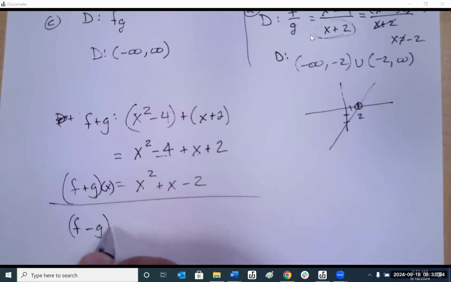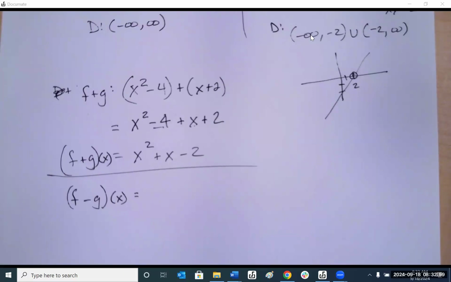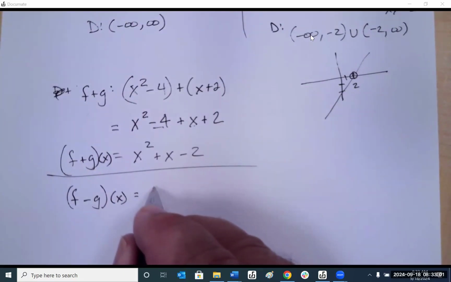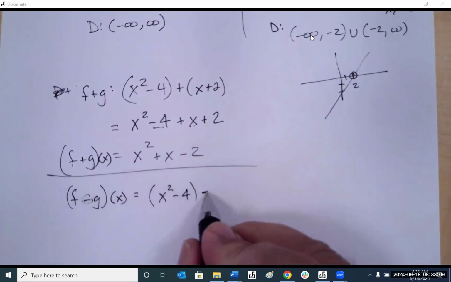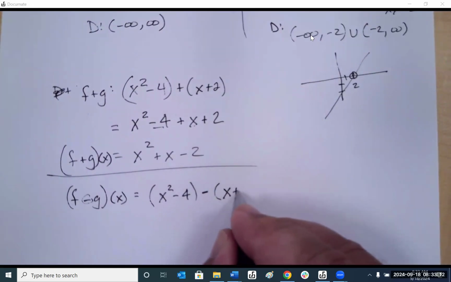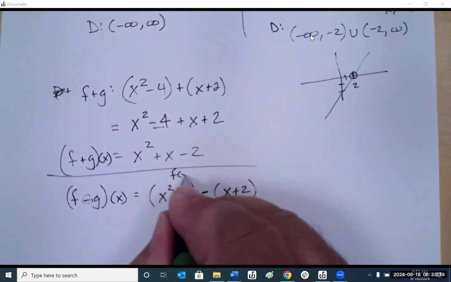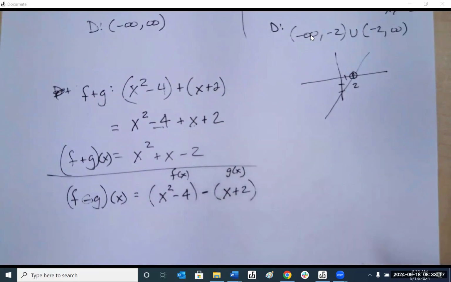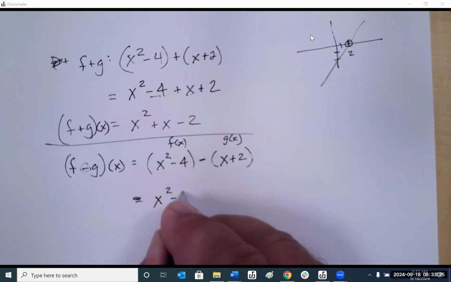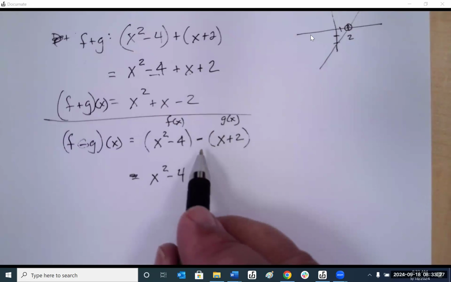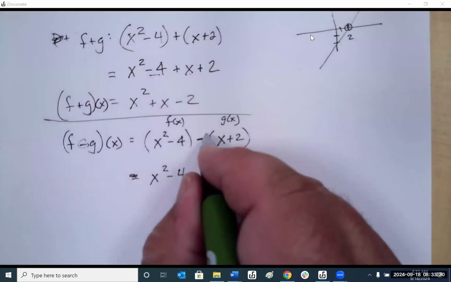Let's look at f minus g. So we have f of x, which is x squared minus 4, minus x plus 2, where this is f of x and this is g of x. I don't need the first parenthesis since there's nothing in front of it, but the second parenthesis has a minus in front of it, a -1 actually.